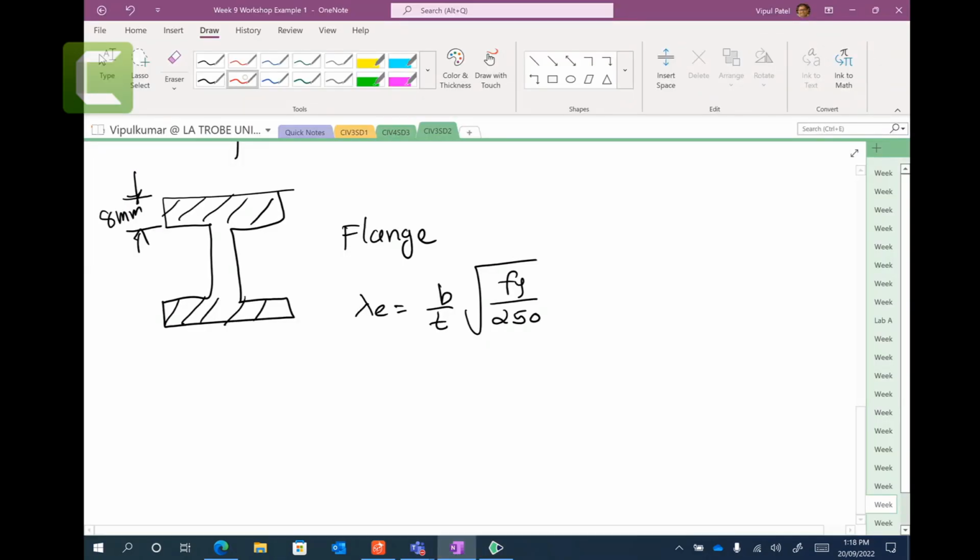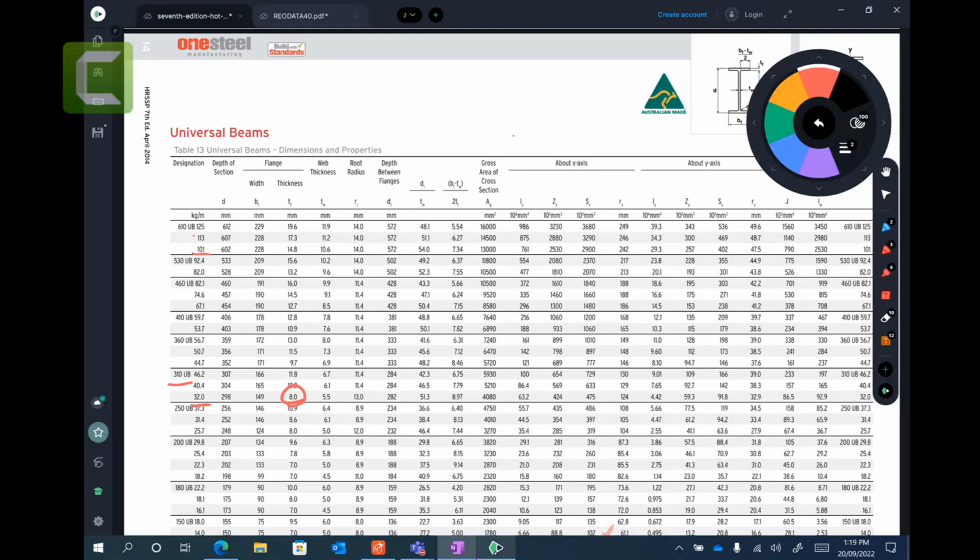Now we need to calculate this b. The b can be found from here. The OneSteel table is already given to you, but for this b that you're going to calculate, probably you know this distance, how much it is. That is 149, I believe.